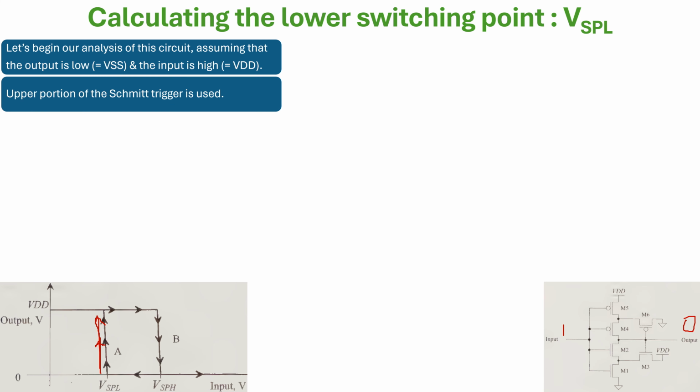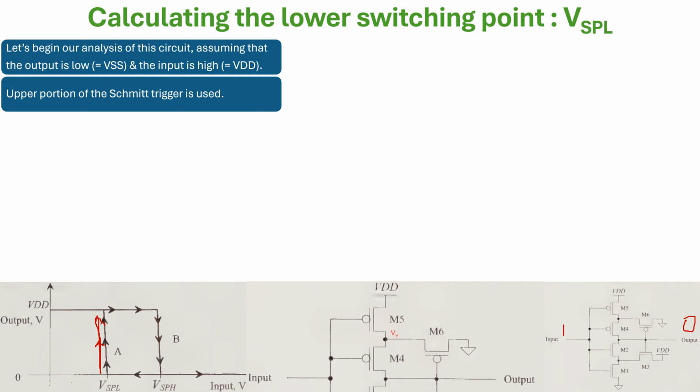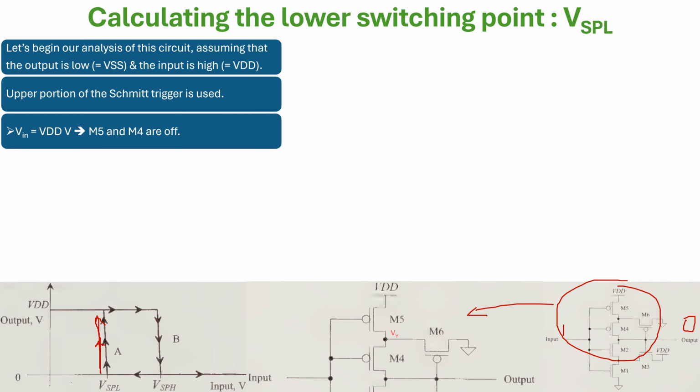For this circuit we take the upper portion, zoomed here. Now we know Vin is VDD, correct? This is VDD, and of course this is VSS.